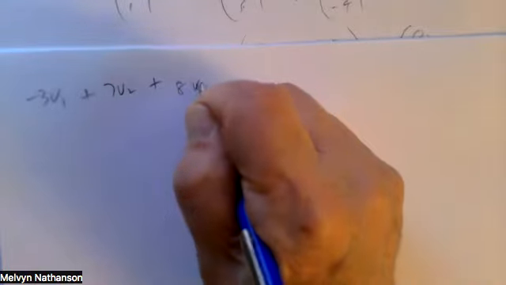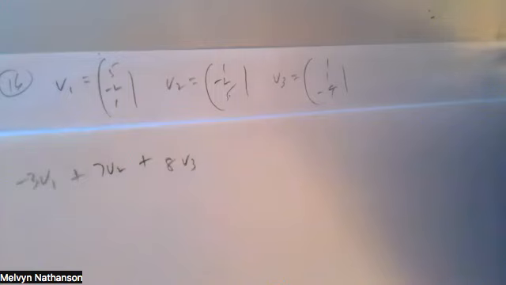Suppose I take this vector and I multiply it by 8 to get rid of the fractions. I'd have minus 3, 7, 8. So let's see. Minus 3v1 plus 7v2 plus 8v3. This was my original set of vectors.